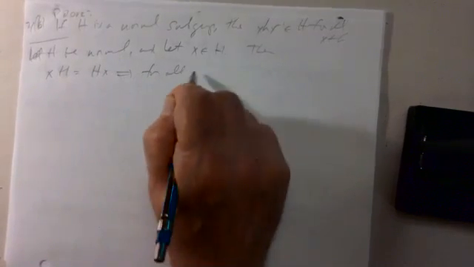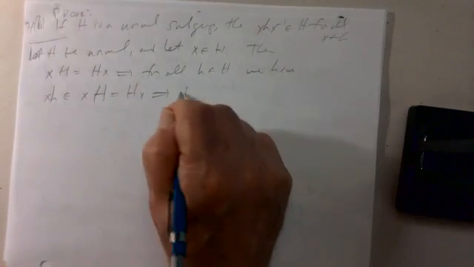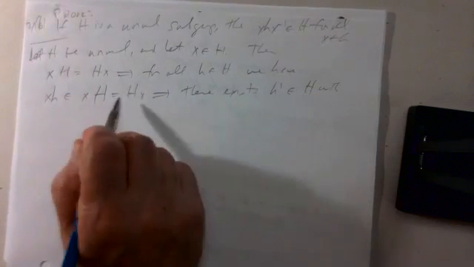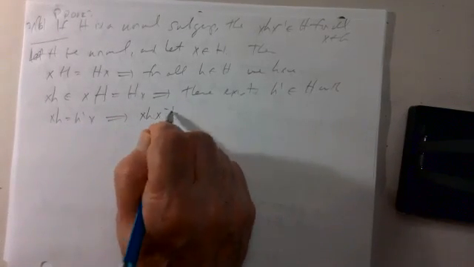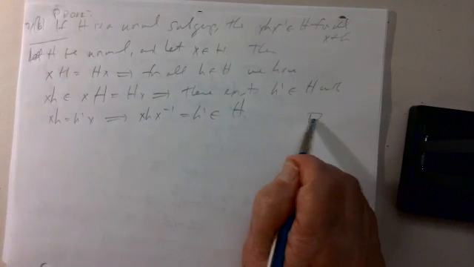Then because H is normal, xH equals Hx. So for all h in H, x times this element h is certainly in the left coset xH, which is equal to Hx, which means there exists some element h prime in H with xh equal to h prime x, which means xhx inverse is this element h prime, which is in H. And that's what we were asked to prove.